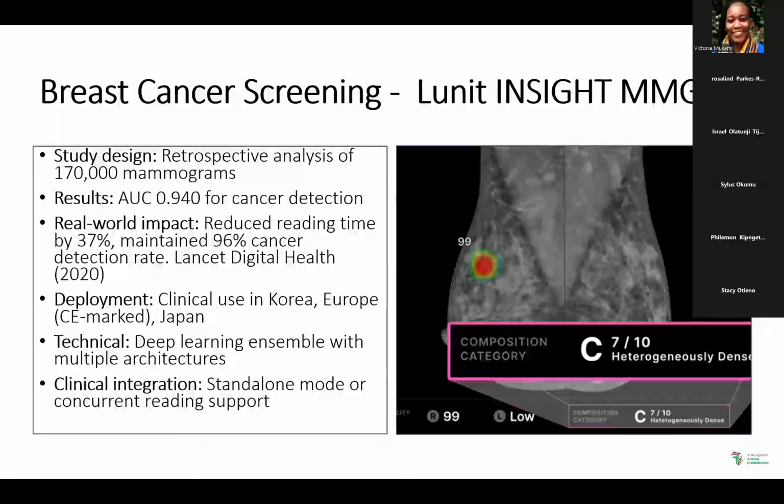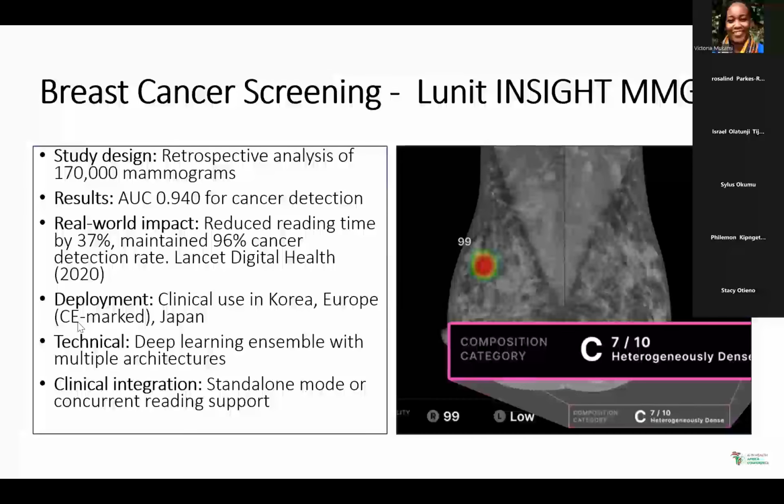Then they started putting it into a real world setting and showed that it reduced the time for doctors to look at mammograms by 37%, whilst maintaining the very high accuracy that doctors were achieving already. It then started to be used in Korea and in Europe.